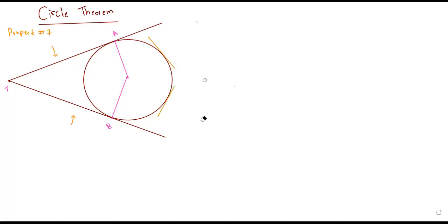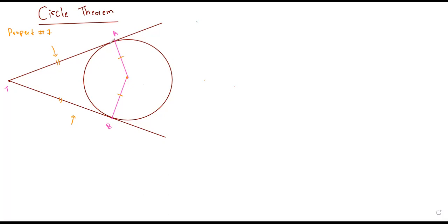But for now, for this property, I am talking about the 2 maroon tangents because the property says that the length AT and the length BT are the same. Since both of these are radii of the circle, and a radius is any line starting from the center to any point of the circumference, the 2 radii are the same, so AT and BT would be the same.